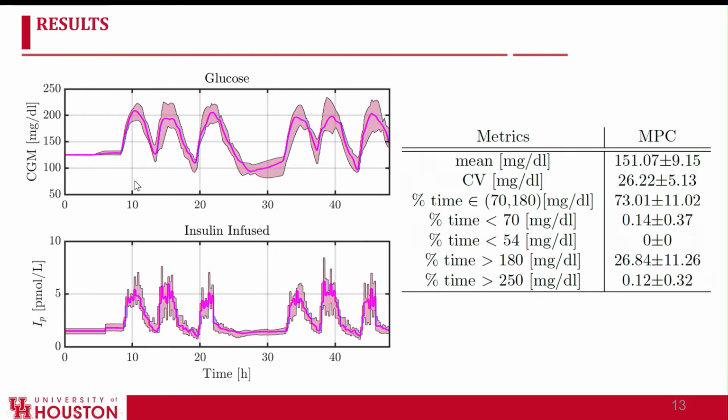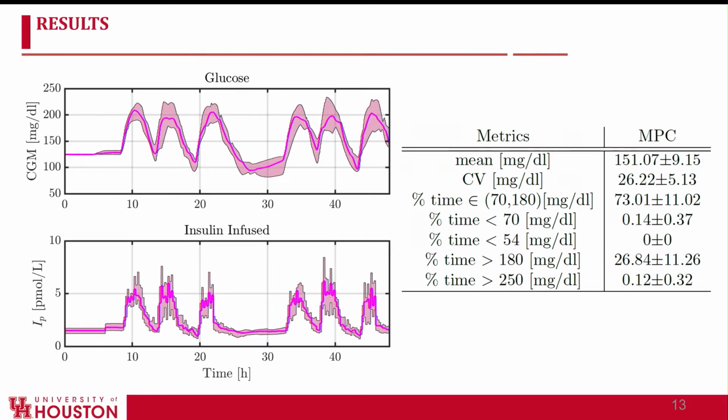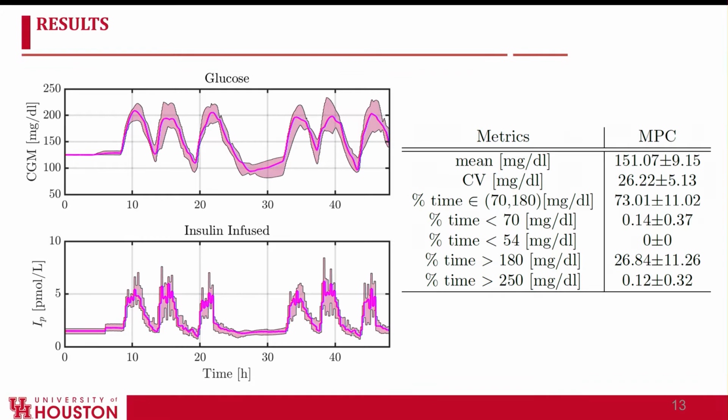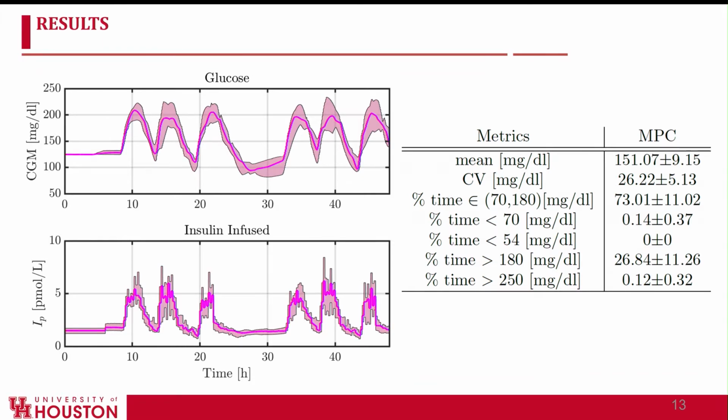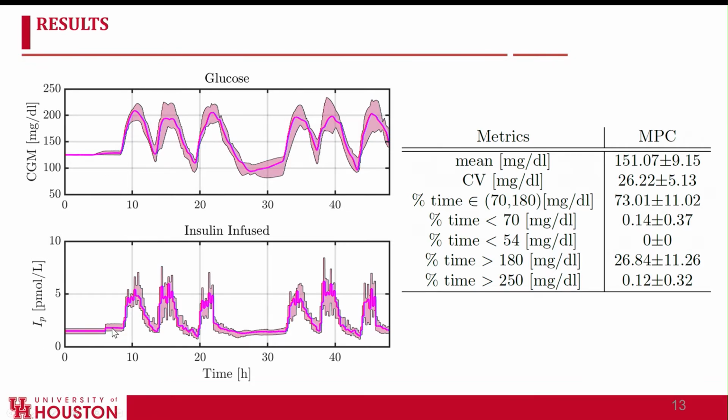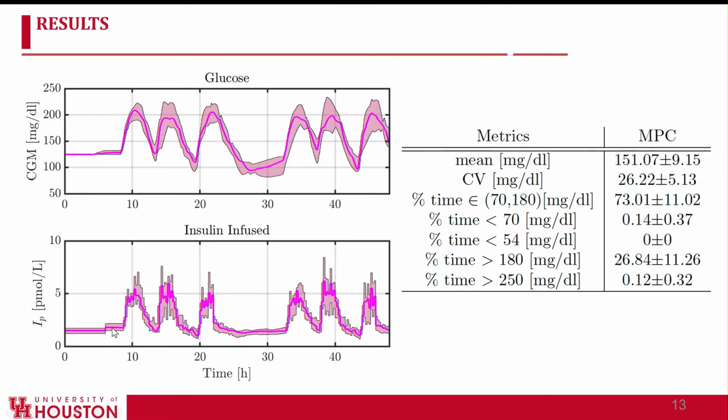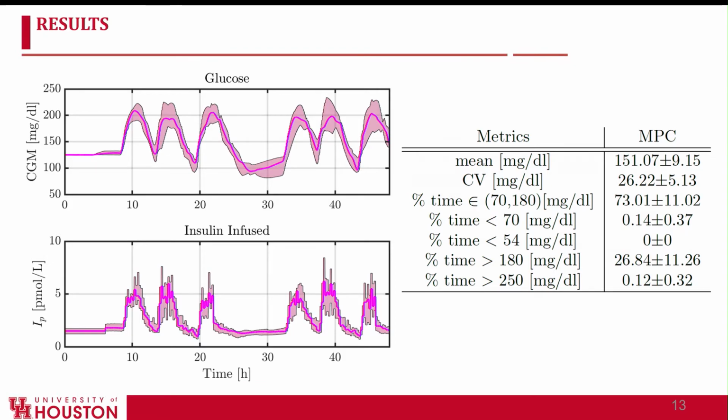So the controller did not have any information about the meals, okay, and was reacting, therefore, only based on the feedback from the glucose measurement. On the bottom, you can see the insulin infused by the pump in simulation to achieve that tight control.